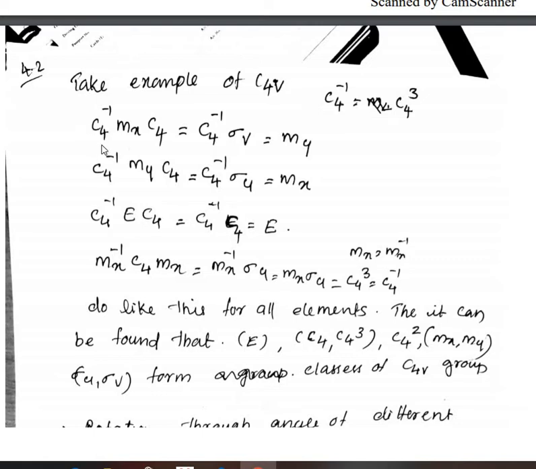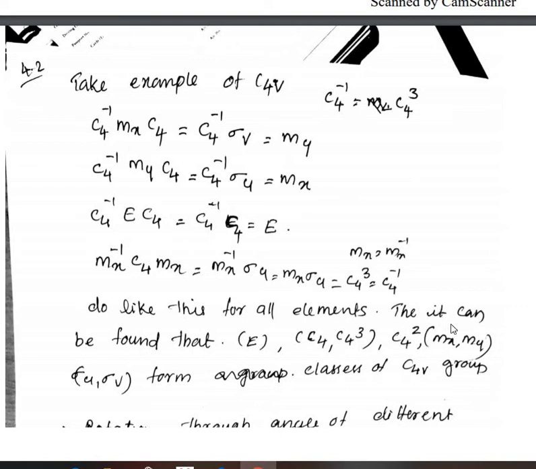Similarly, you take C4 and C4^3, where C4^3 is nothing but C4 inverse. Do the similarity transformation with C4, Mx, My, sigma using sigma V. You can find that C4 and C4^3 will form a class.